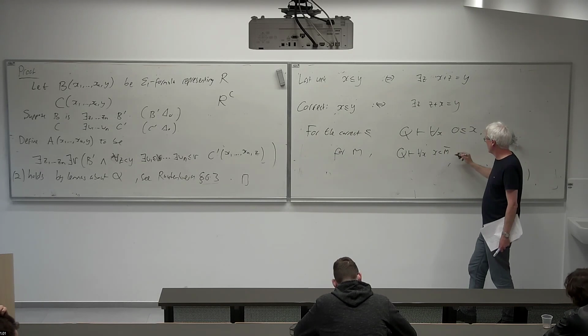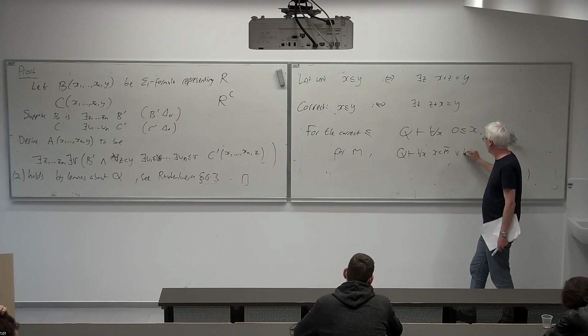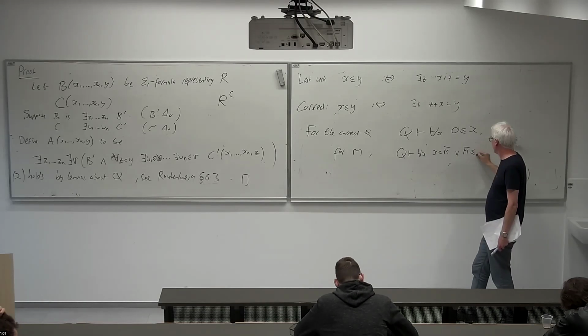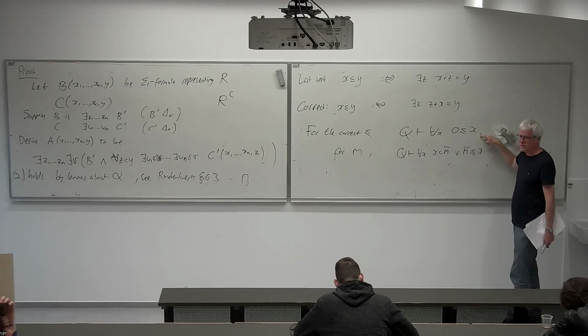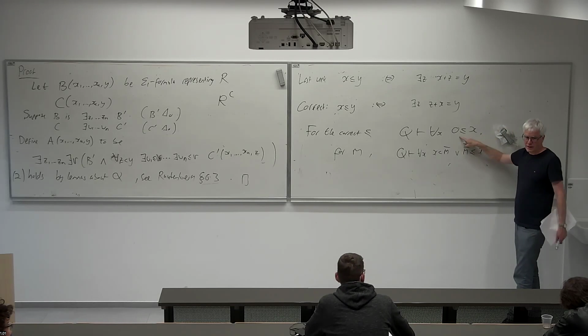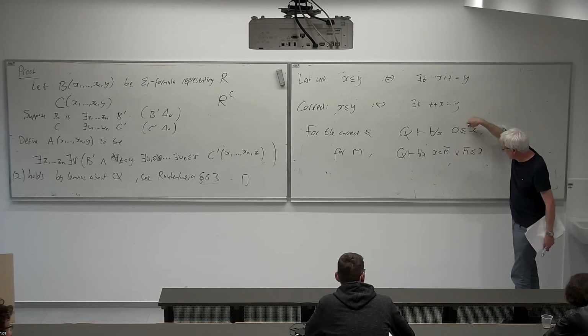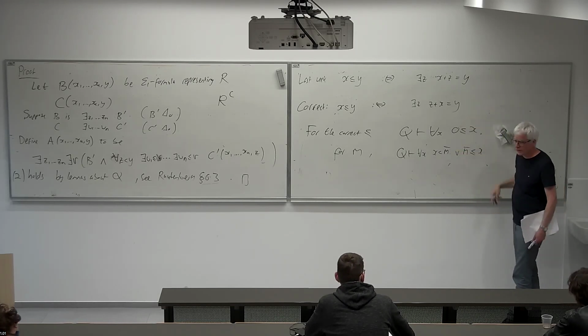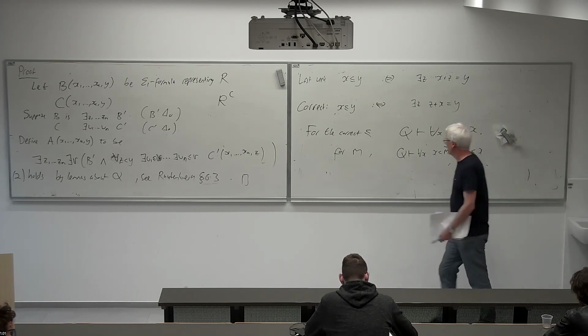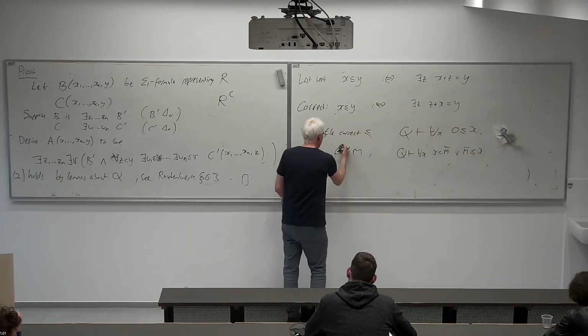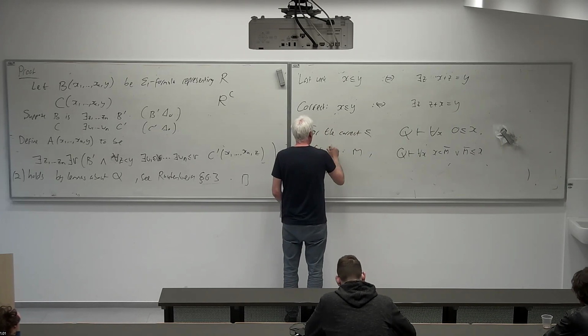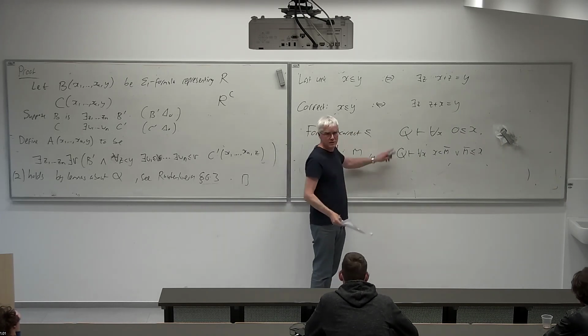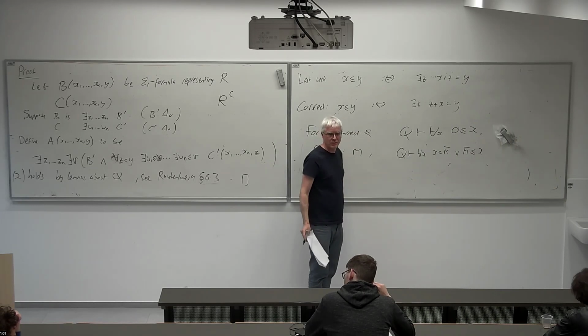The previous statement is the special case with m equals 0. This is for all m in the meta theory, and it is used crucially in the proof of this strong Q-representability theorem.